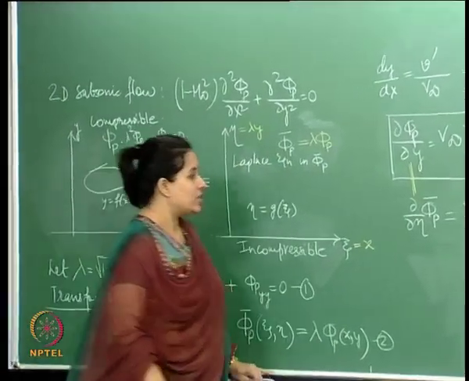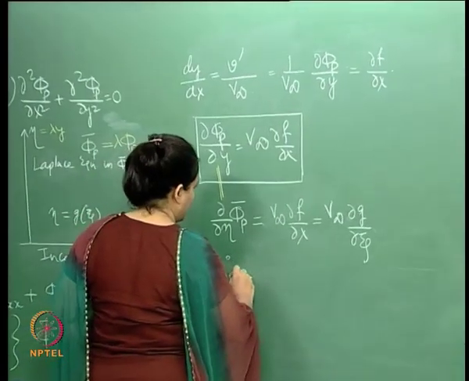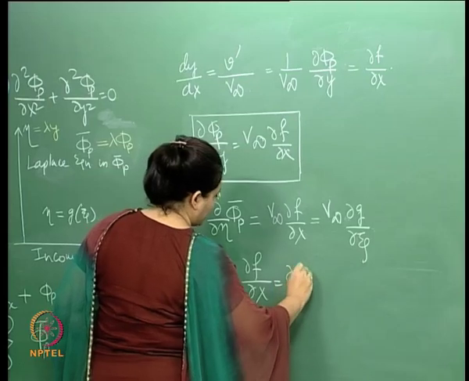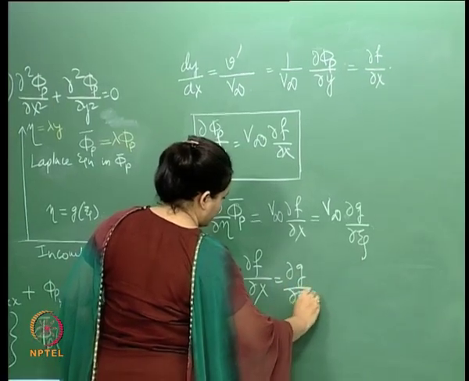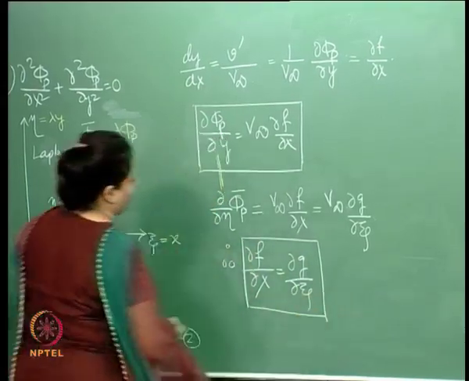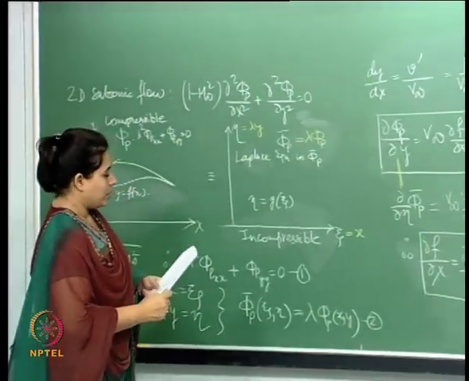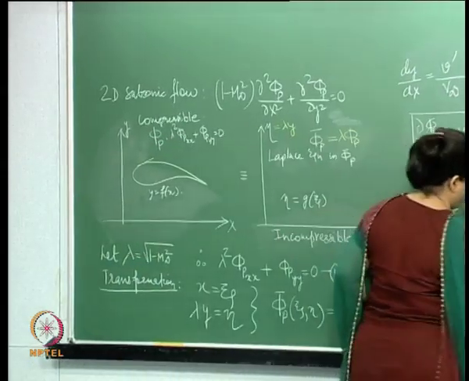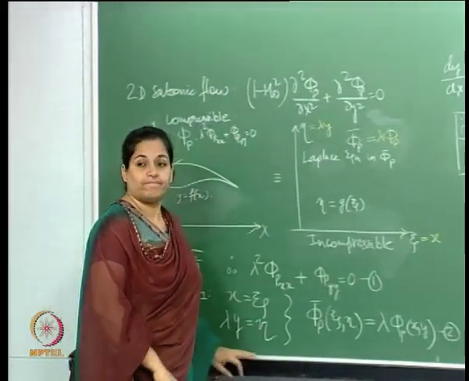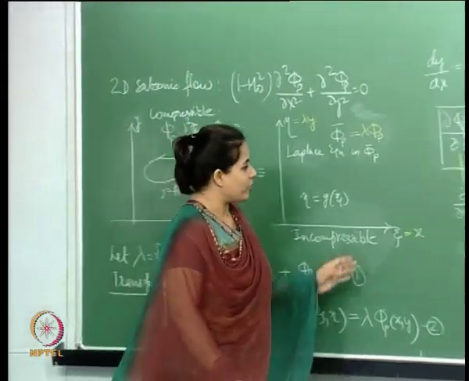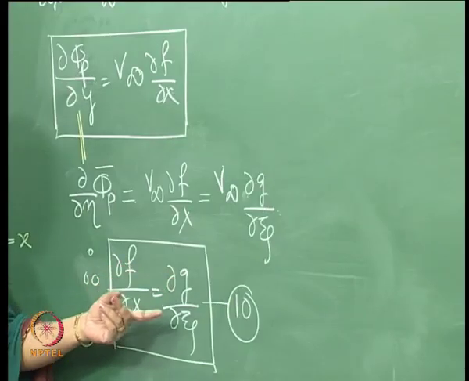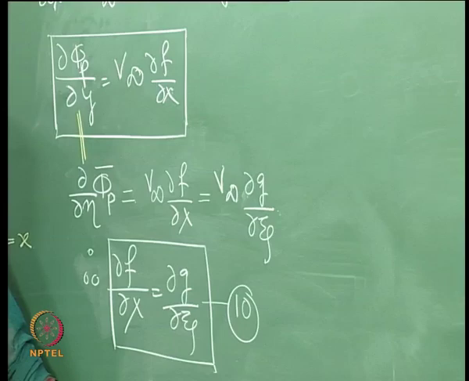Again this is what we get. So from here what we get is del f del x is equal to del g del zeta.